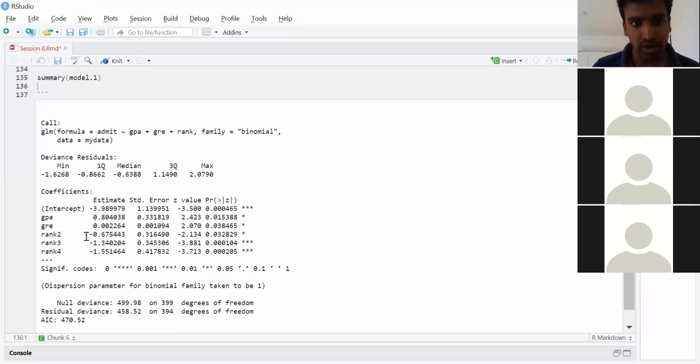So rank 2 is minus 0.67, which means you have a 0.67 lower chance than the rank 1 college if you are studying from rank 2. And then it goes to rank 3, still increases, and then rank 4 still increases. So the rank of your undergraduate college plays a major role in your admissions.